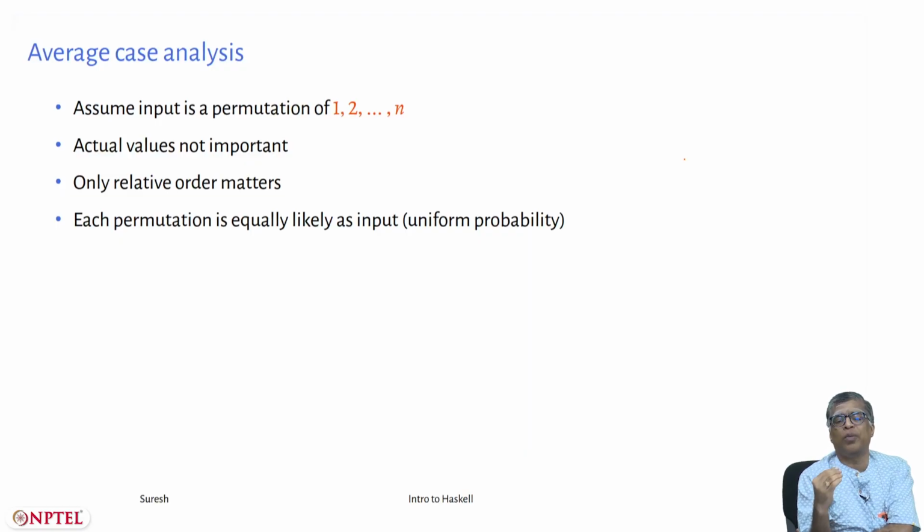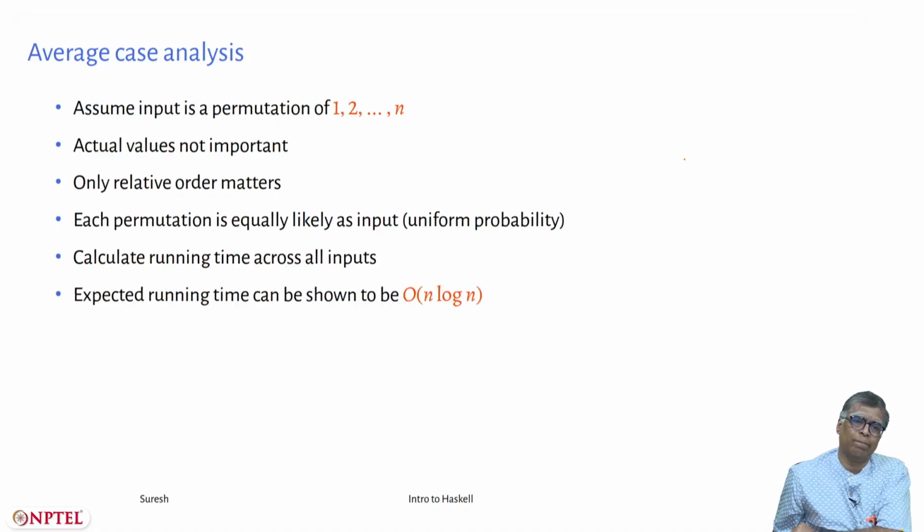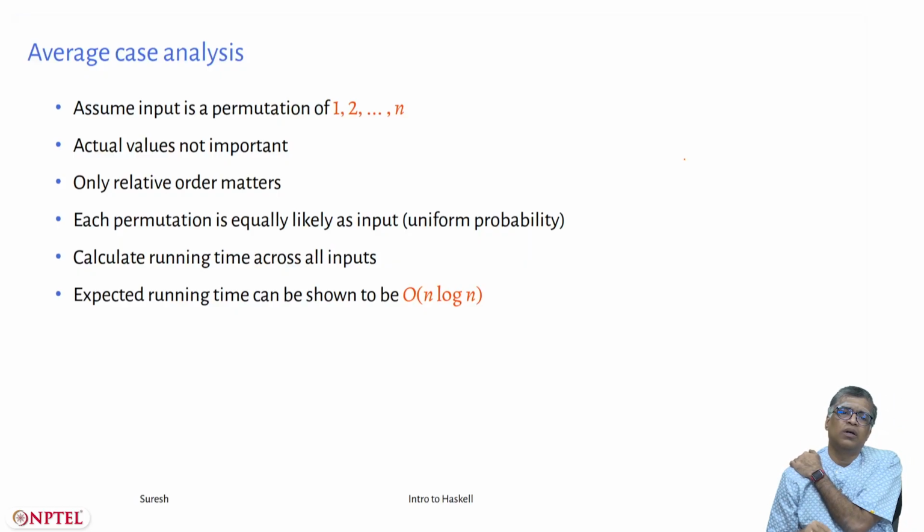So with uniform probability, any of the n factorial permutations are possible as your input. So you will take the time taken for each permutation across all inputs and divide by n factorial. That is the average case analysis. Okay, and then finally you show that this can be shown to be order n log n. You might have to do some probability calculations, etc. But this is the time complexity of insertion sort.